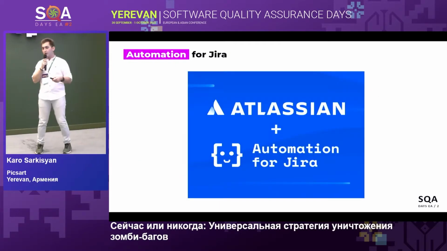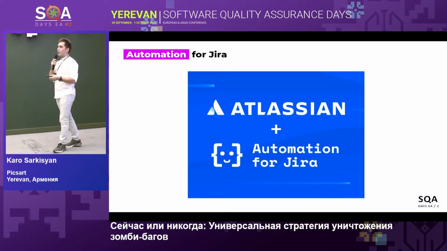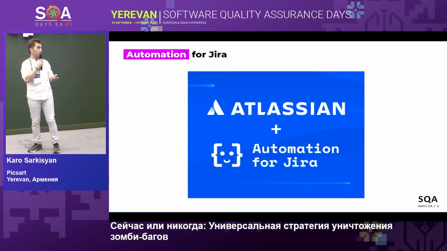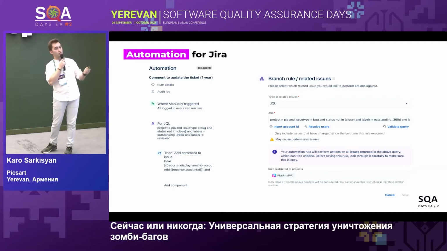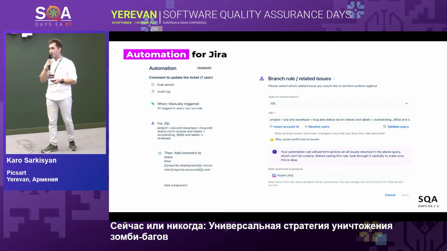For boosting our reviewing process, we used the Automation for Jira tool, which is very useful and gives you the opportunity to automate a lot of useful scenarios.